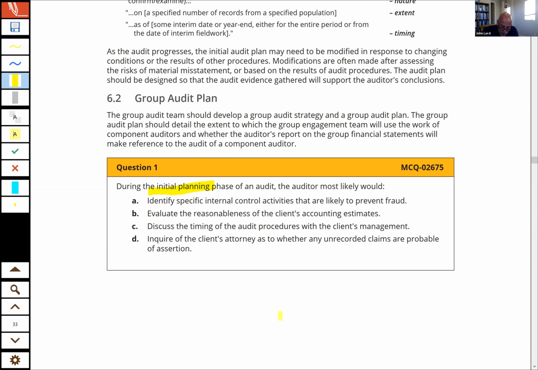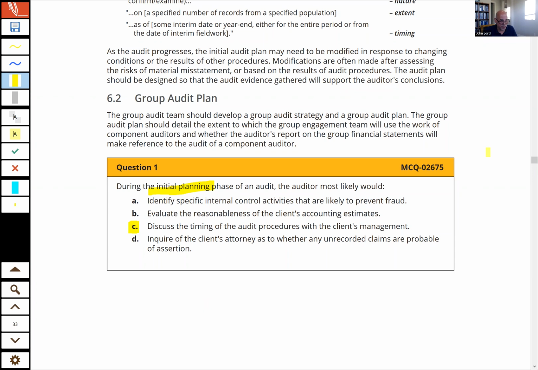Okay. So you take a look at this question. Okay. And I'm just going to go ahead, and most of us got it right. Most of us are crows or hawks or whatever. Okay. But let's go ahead and look at this. So what happens during the initial planning phase? Is the initial planning phase the beginning of the audit or the end of the audit?